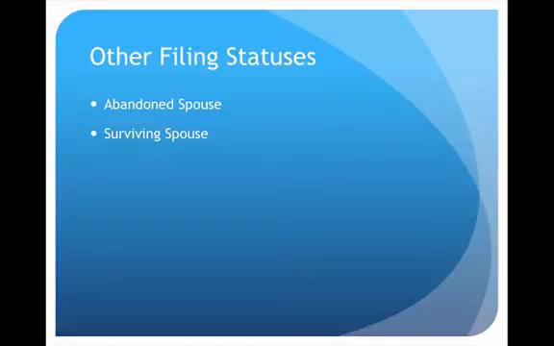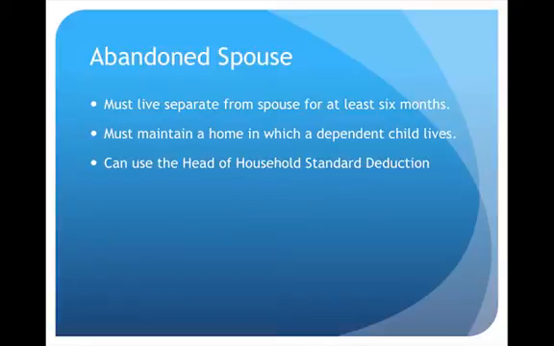Now, in addition to the main 4 filing statuses, there are also 2 others. These are called abandoned spouse and surviving spouse. And these other filing statuses are only used in very particular circumstances. You have to be able to qualify in order to use these. So the abandoned spouse, how does this status work?